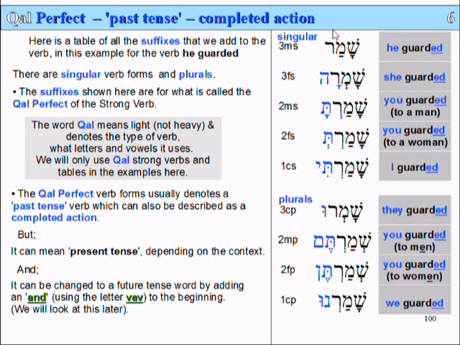But for now, just begin to come to terms with the fact that when there is a verb in Hebrew, it'll have these suffixes on the end if they are past tense verbs or completed actions. So let's look at some examples.